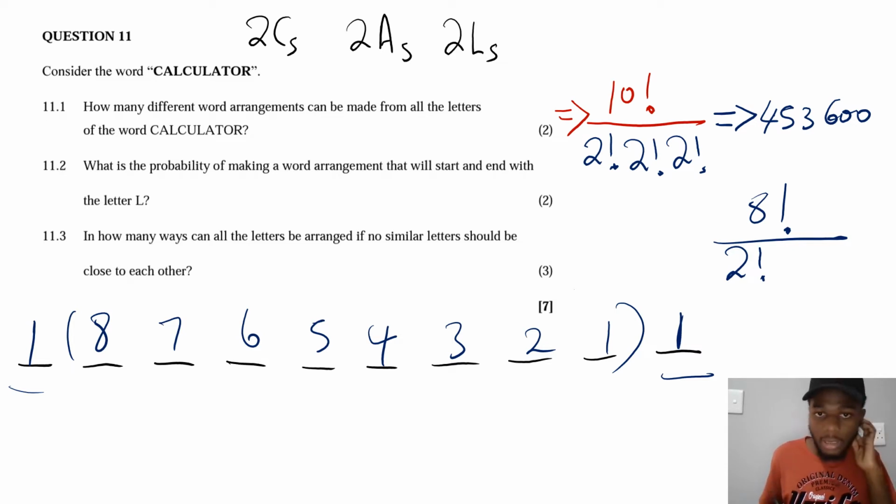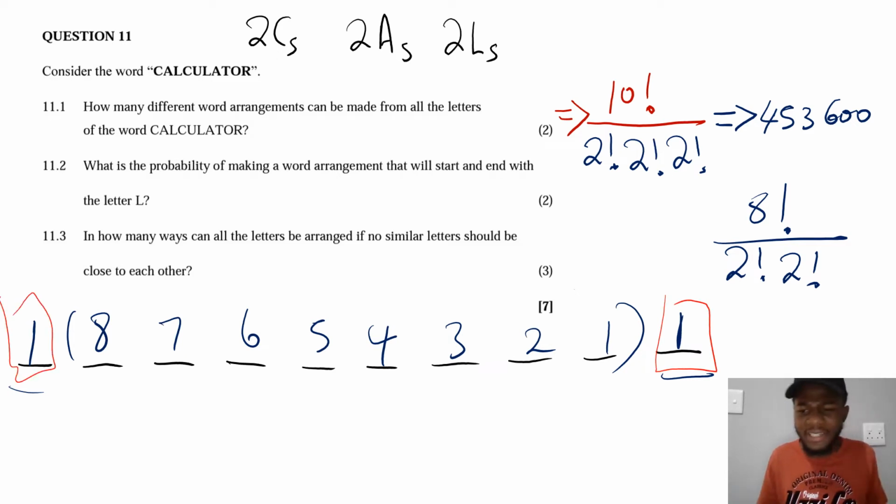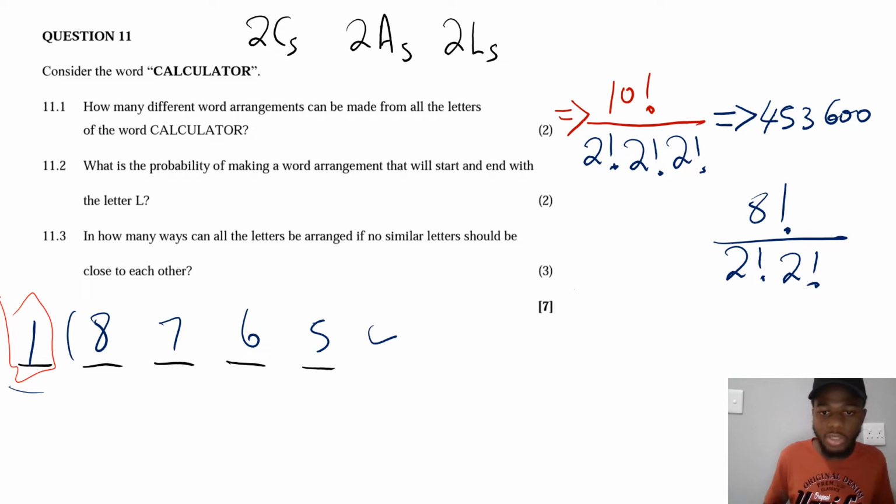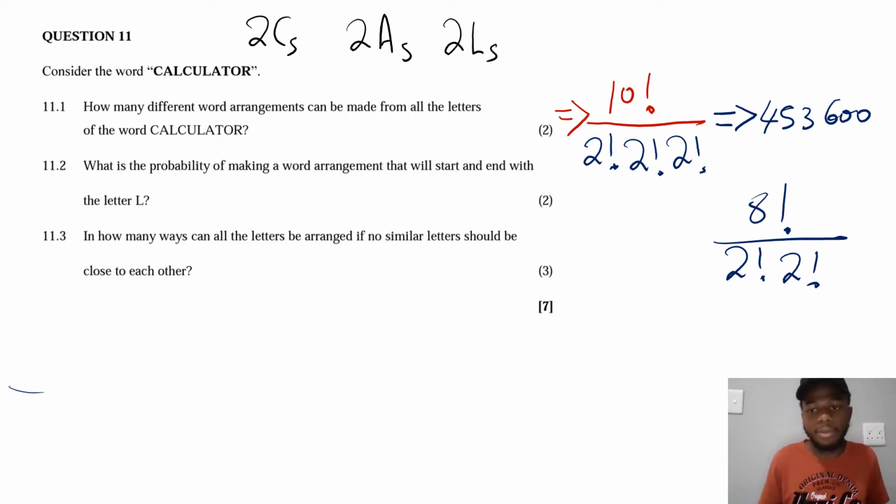We have 2 letters for A that are repeating, so 2 factorial. For L, we leave it the way it is, because L will be here and also here, so it will not be changing any position. Let's exclude it. Then let's solve this question. We can use our calculator to identify the number of ways. So it will be 8 factorial.